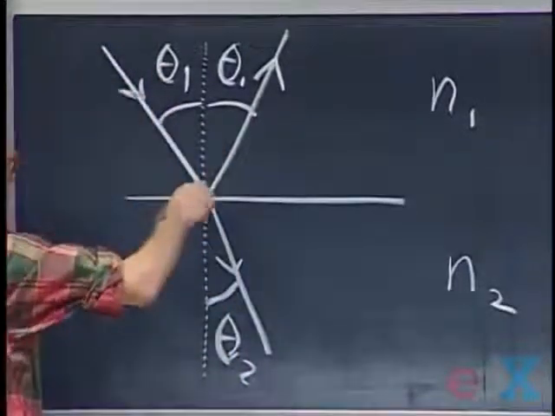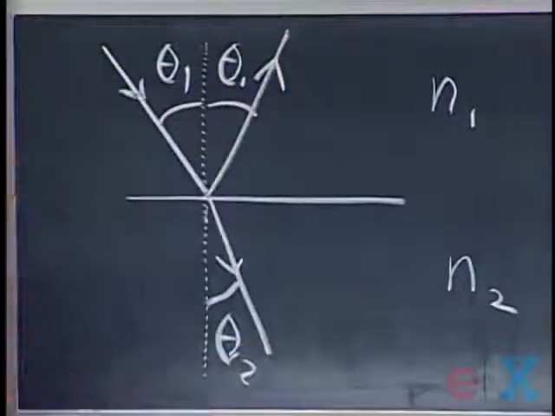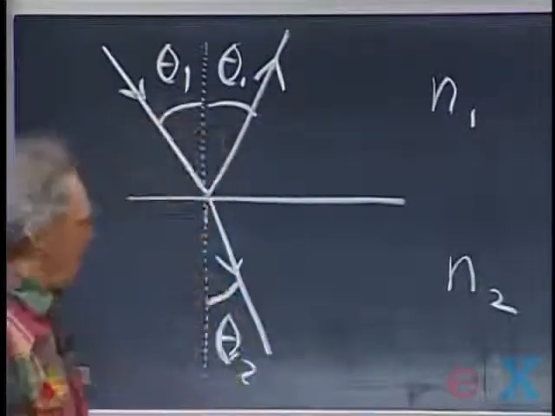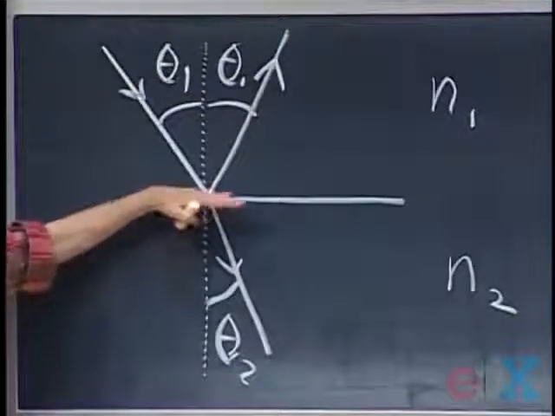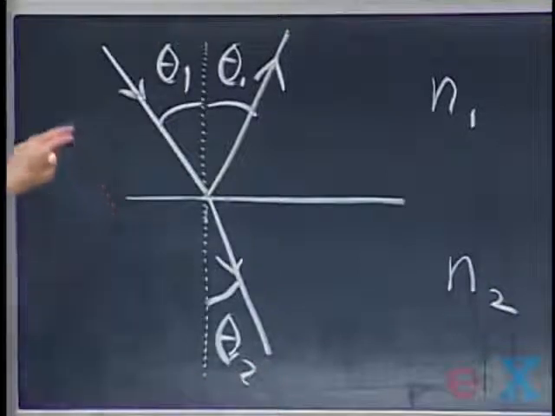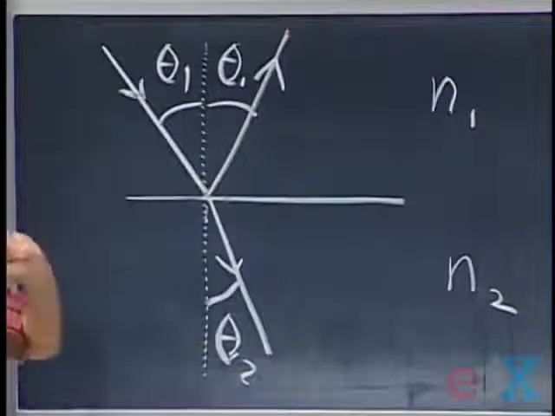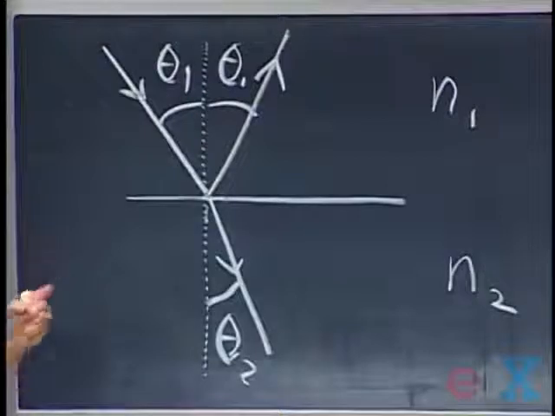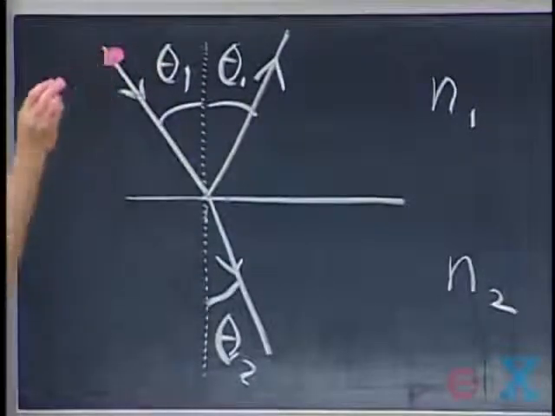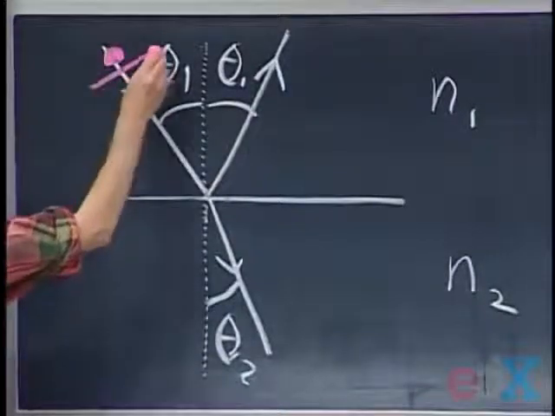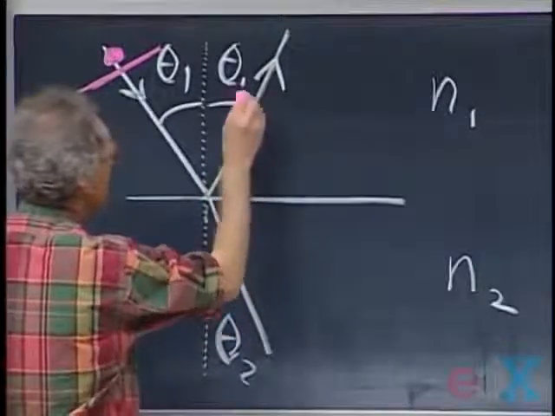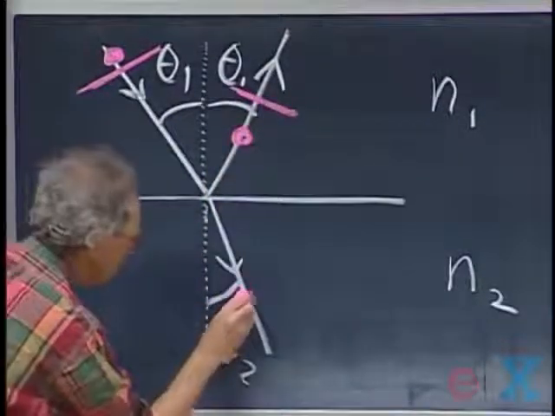So this unpolarized light comes in, reflects and refracts. If you want to use Maxwell's equations at the action where everything is happening right here at the surface between the two, you will have to decompose the incoming light, the electric field vector, in two directions. And one direction is perpendicular to the blackboard, so this is the E vector, and the other direction is in the blackboard. You will have to do the same here, and you have to do the same here.